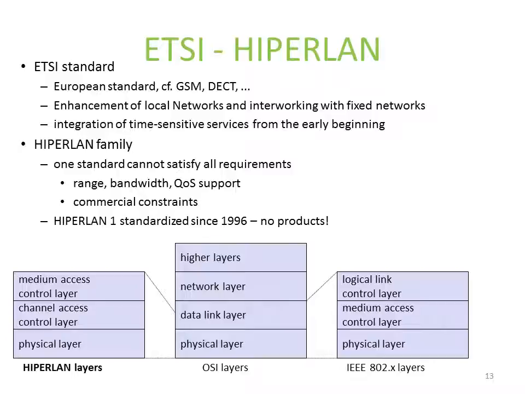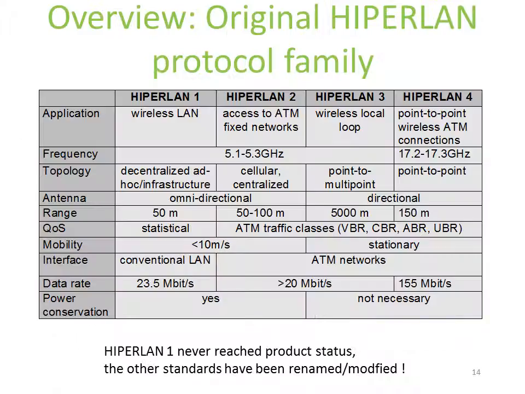This HiperLAN family may contain some different types of networks that provide different properties, like within a range, or based on the bandwidth and the quality of support. So these are the various HiperLAN networks: HiperLAN 1, HiperLAN 2, HiperLAN 3 and HiperLAN 4.